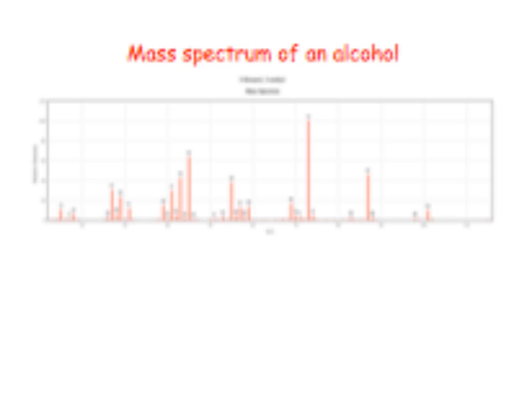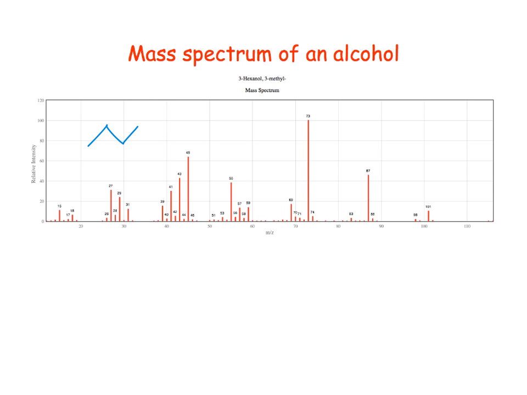What do we have? 3-methyl-3-hexanol. So the molecular ion is out here at 116.